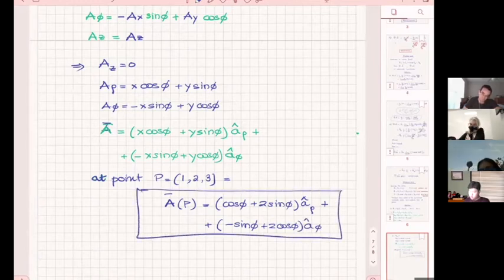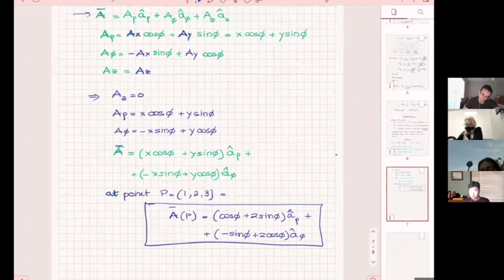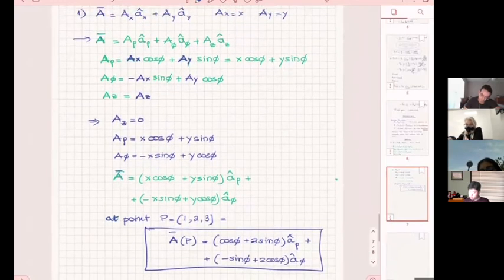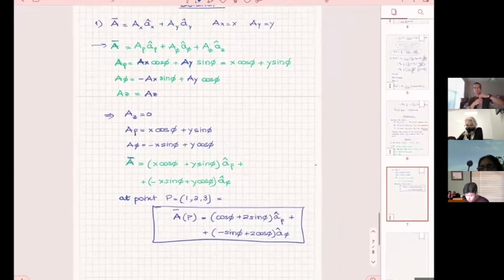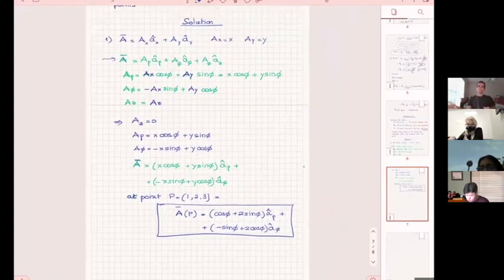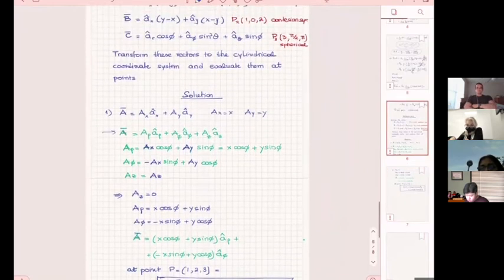So practically, what you've done is to take the vector A and transform it into cylindrical coordinates, and also be able to find the value for any point in the Cartesian system, but you still have it in cylindrical coordinate form. So that's how you transform a vector to another system.